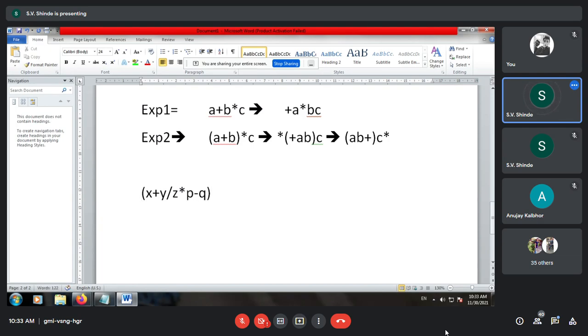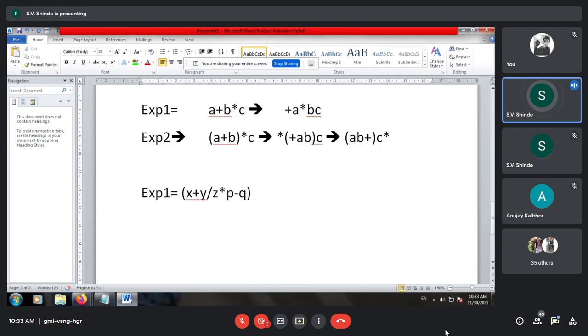So this is your expression 1, which is an infix expression. Participants, try to convert this expression into prefix and postfix and put your answer in the chat box. I'll give you 2 minutes to solve this expression.